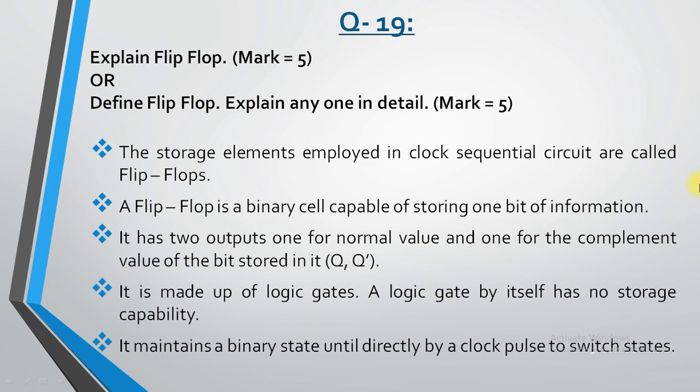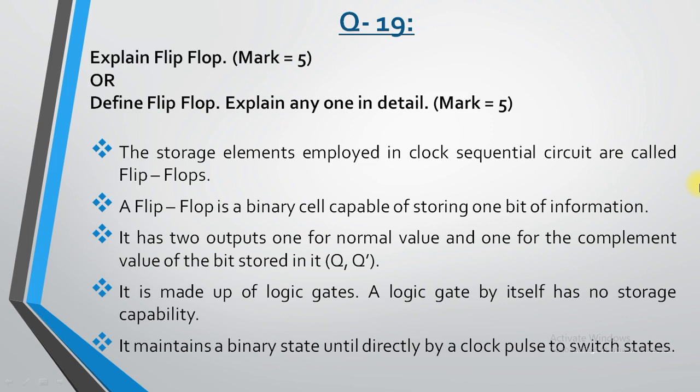So what is a flip-flop? It is a binary cell which is capable of storing 1 bit of information. Now see, you have 2 output variables, one is a normal variable, another is the complement of the same variable, which is represented by Q dash.